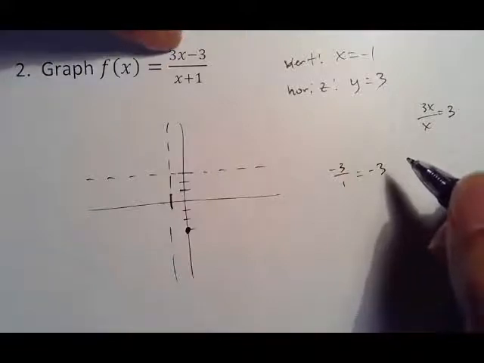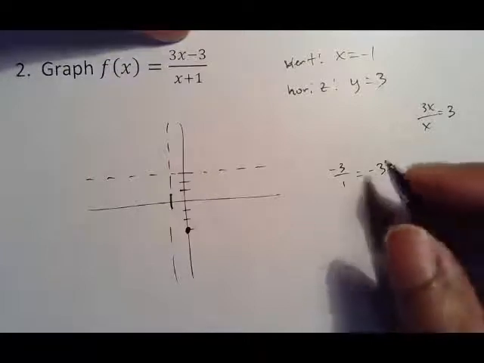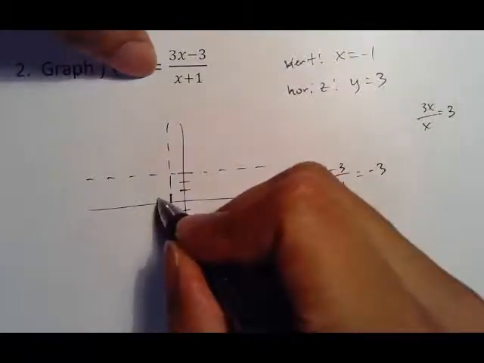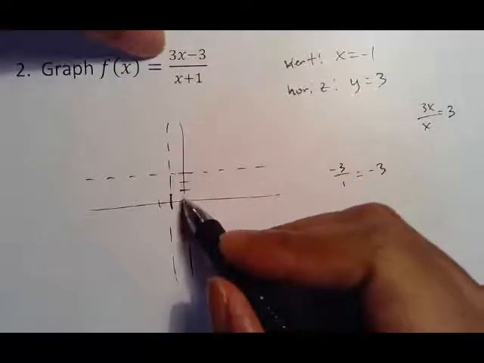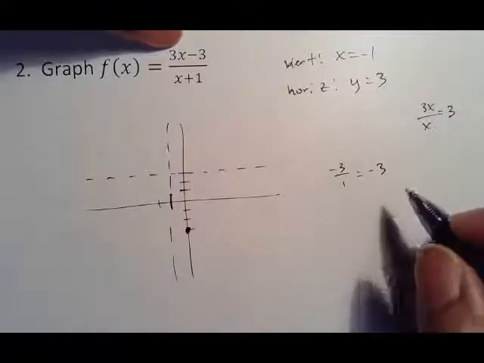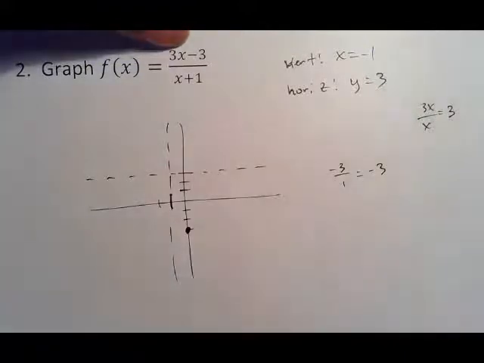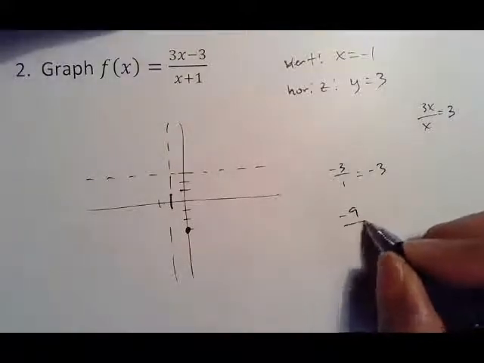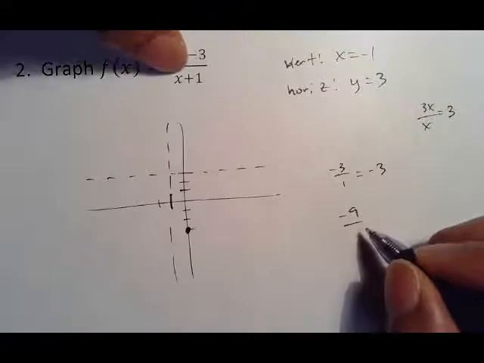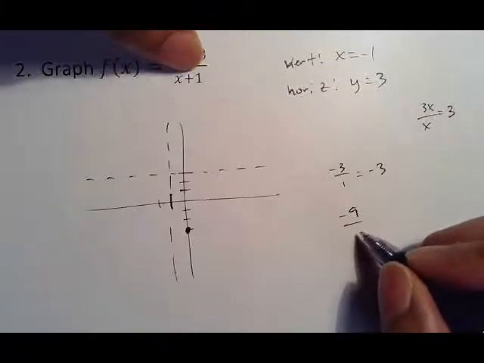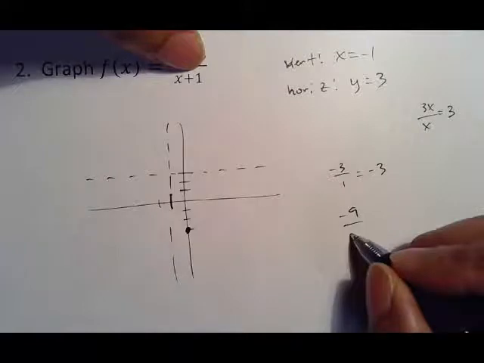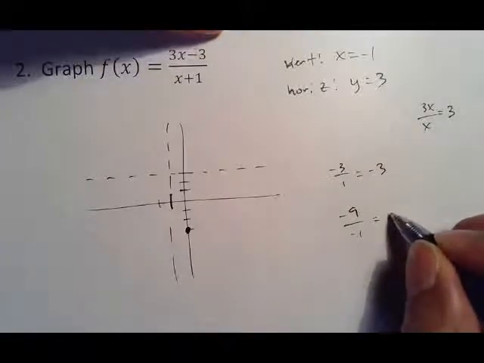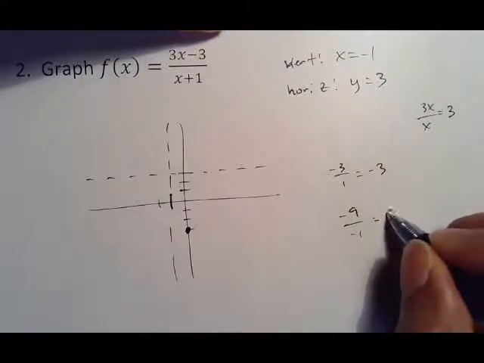Then when I do, oh, I know what it is because it flips around. Then when I do the value of negative 2, that'll be negative 6 minus 3, which is negative 9, over negative 2 plus 1, which is negative 1, which does make sense to me now, which is 9.